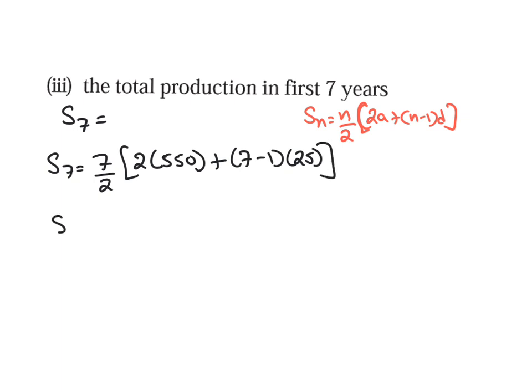And when you simplify all this, you get 4,375. So the total production in the first 7 years was 4,375. Once you figure out the variables, it is easy to plug it into the formula and do the simplification, and you get the answer.